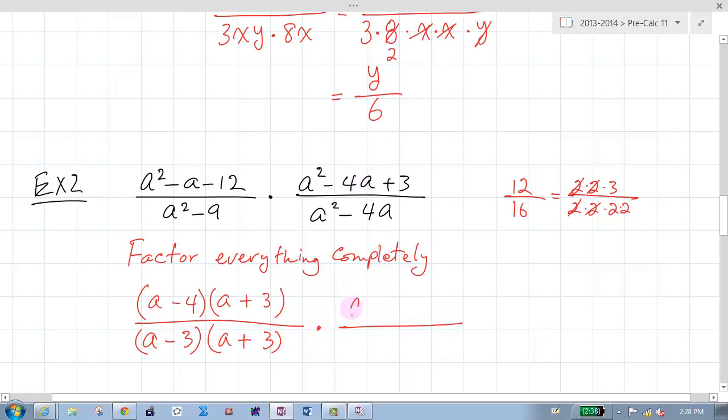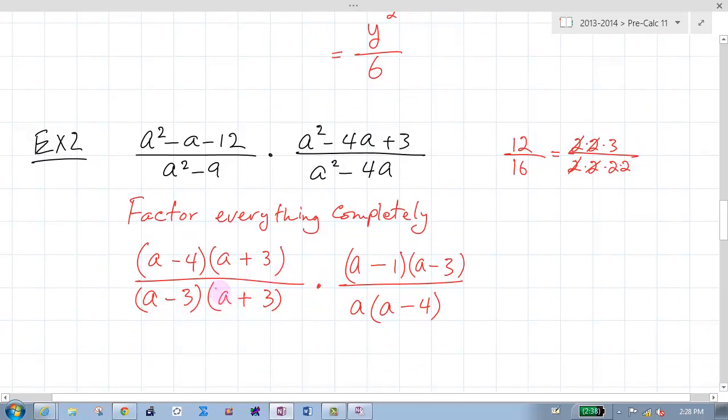I'm going to write it as a minus 1 times a minus 3. And the denominator, I can take a as a factor. I get a times a minus 4.